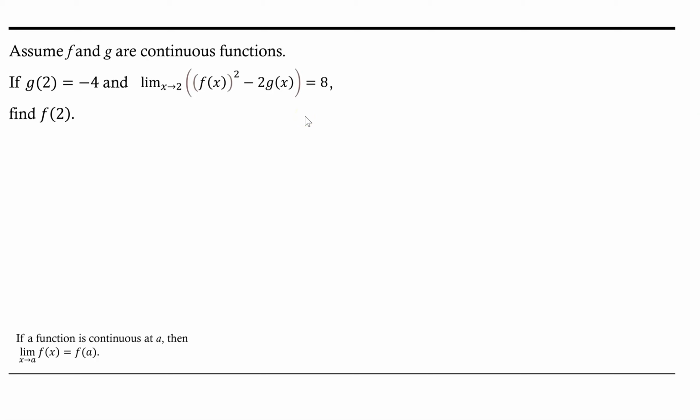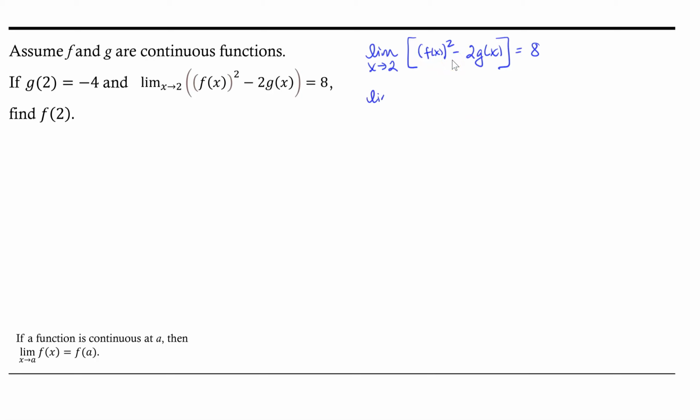So we're going to start by simply copying our limit. So we've got the limit as x approaches 2 of f of x squared minus 2g of x, and we know that that equals 8. So we've got a difference here, we've got this subtraction, so we're going to apply the difference rule.